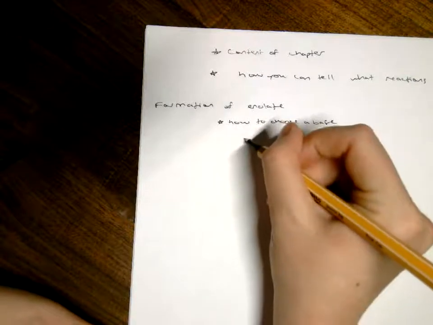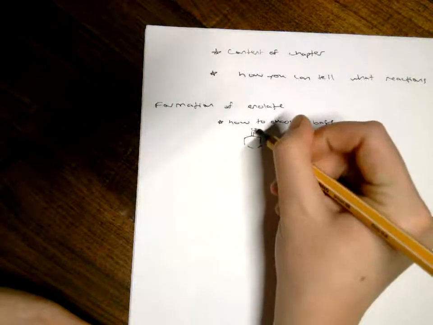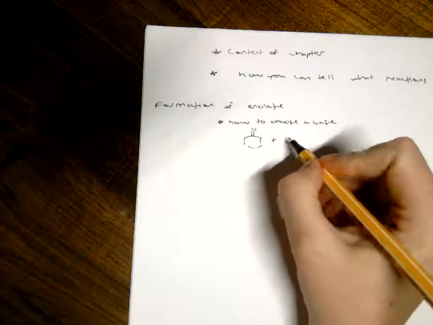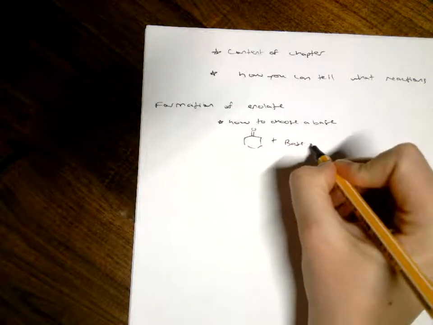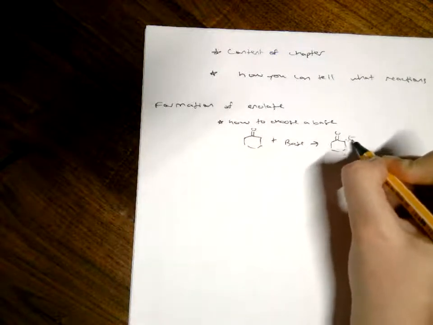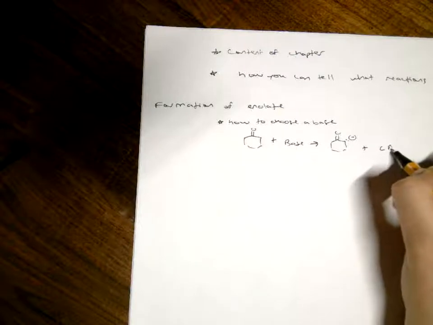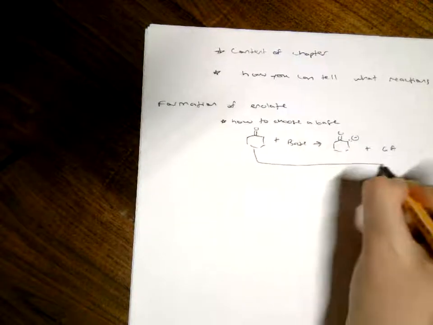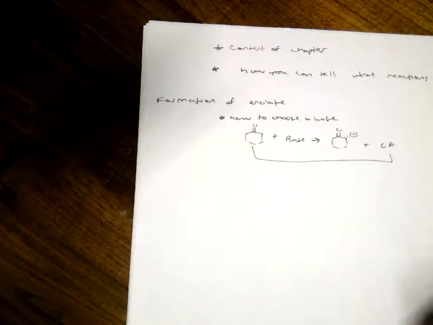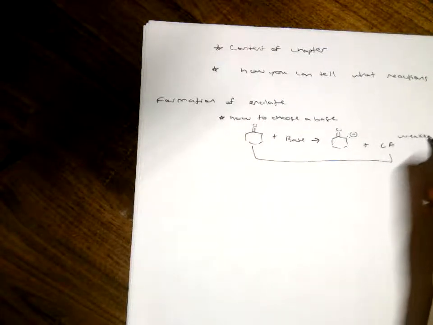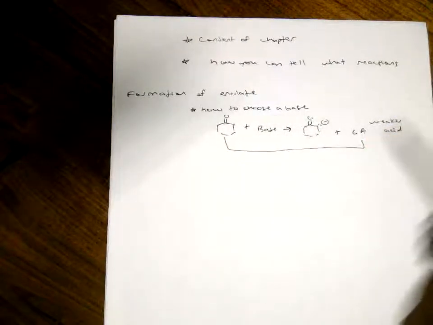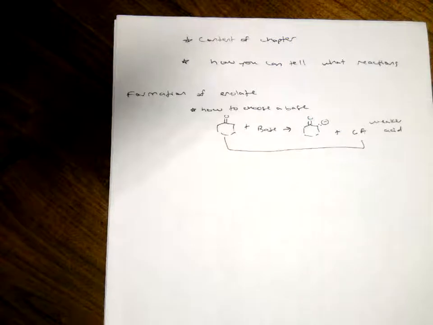So if you have your ketone plus a base, that will give you your enolate plus a conjugate acid. And you can compare the pKa's of the acid and the conjugate acid. And the weaker acid is favored. So whatever side the weaker acid is on, that's the side of the reaction that's going to be favored.